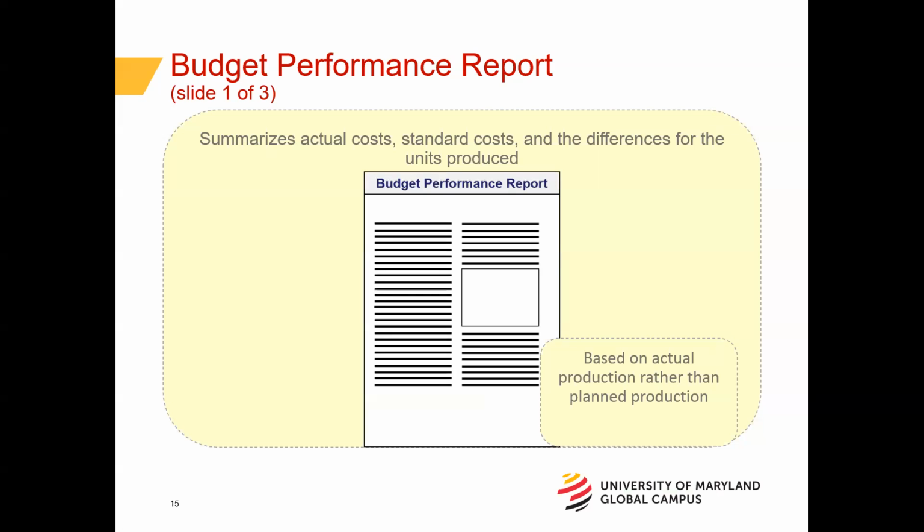It's based on the actual production rather than the planned production. So the best way to think about it is actual being compared to standard and looking at the difference, also known as the variance, based on the number of units produced.